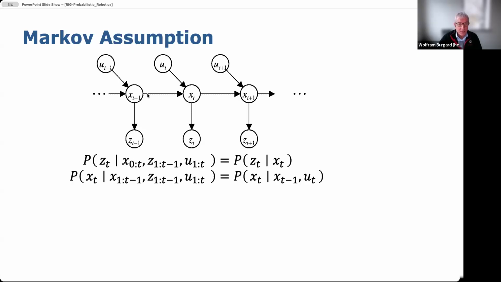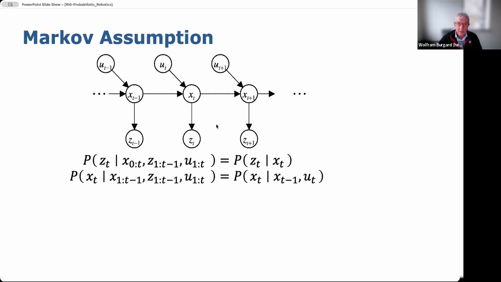It turns out that once we have xt minus 1, same argument as before, every node that we have to travel through xt minus 1 becomes independent of xt and vice versa, so that we can get rid of all of these nodes. What remains is that P of xt is equivalent to P of xt given xt minus 1 and ut.